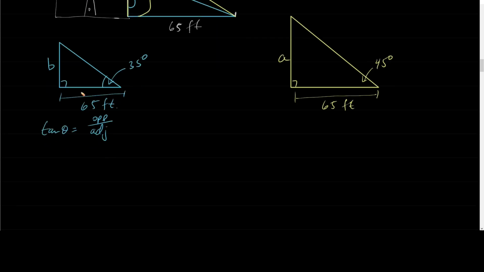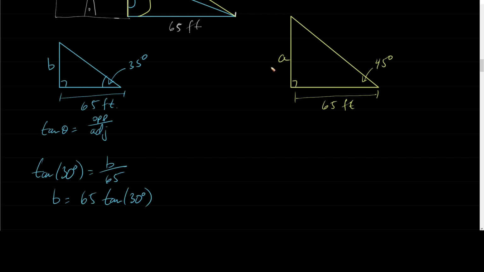So what this tells us now is that tan of 30 degrees would be the opposite side, B, over the adjacent side, 65. So B is equal to 65 times tan of 30 degrees. At this point, I'm going to advise you to stay away from the calculator. You don't want to round anything until the very end. You don't want to actually round stuff until you've got your final result.